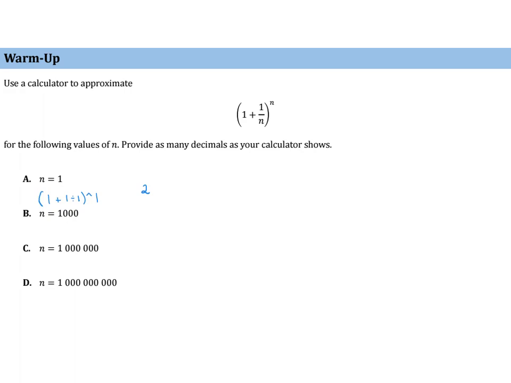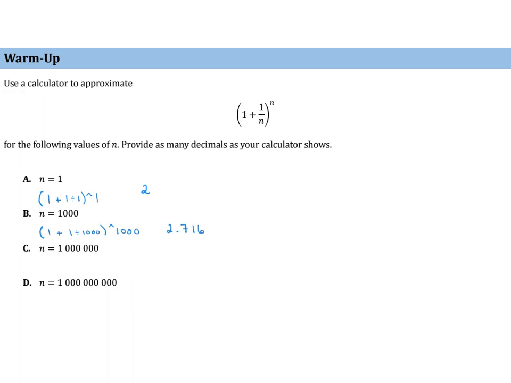What happens if n equals 1,000? Again, in our calculator, we will put 1 plus 1 divided by 1,000 raised to 1,000. And this yields for us, and we're going to use as many decimal places as our calculator shows, 2.7169 23932.